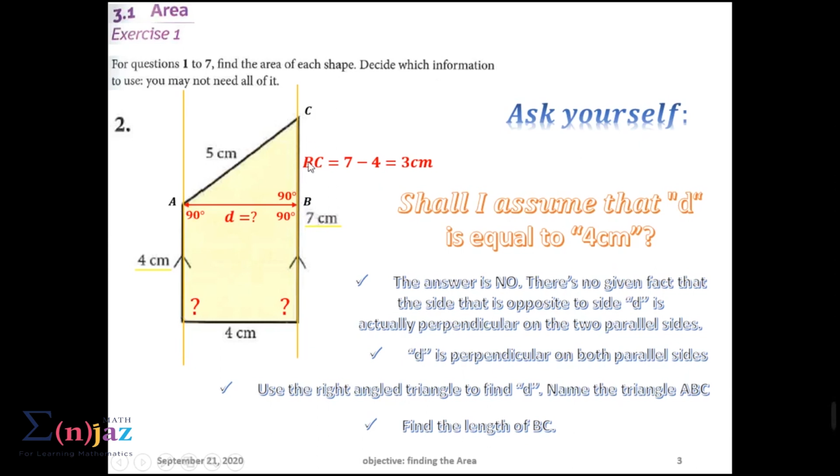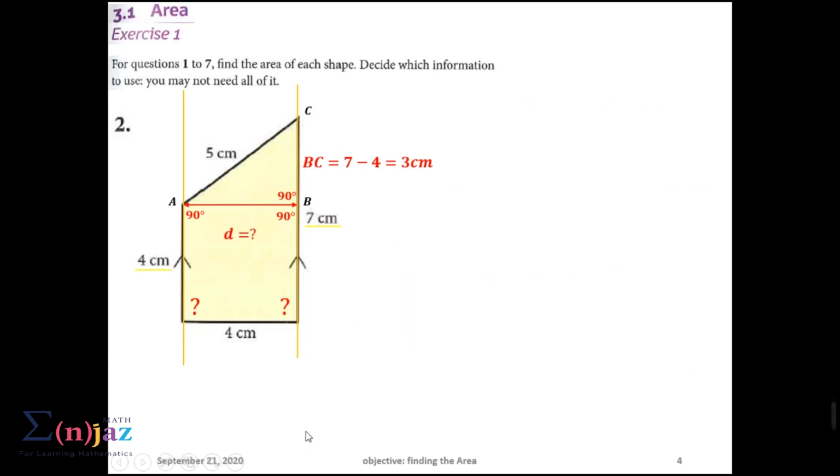So for the remaining part, we subtract the 4 from 7. It's going to be 3 centimeters. Accordingly, we have right angled triangle ABC. The hypotenuse is 5 centimeters long and BC is 3 centimeters. So this AB, which is D, the distance between the two parallel sides, is my unknown.